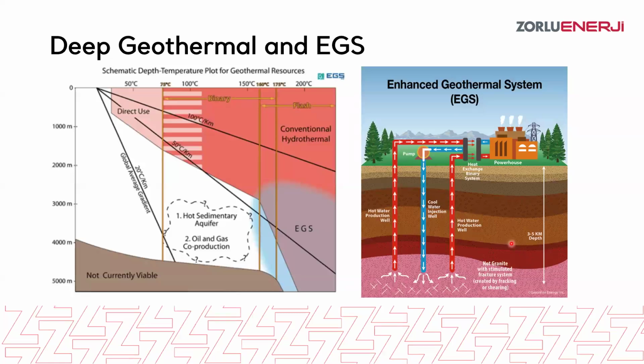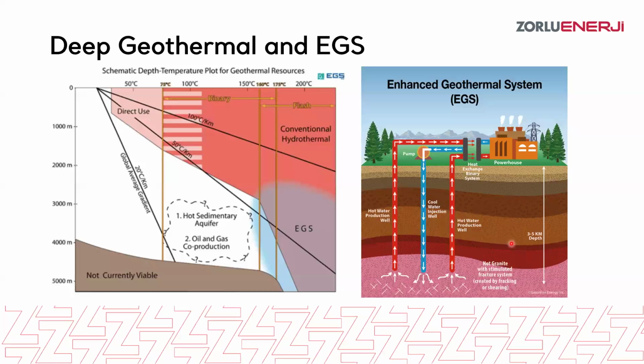And this is done by EGS systems, enhanced geothermal systems. And in those systems, basically, you could not have a transfer path. You can create it. You could not have a geothermal fluid, and you can replace it with a non-reservoir fluid and use it to produce electricity.